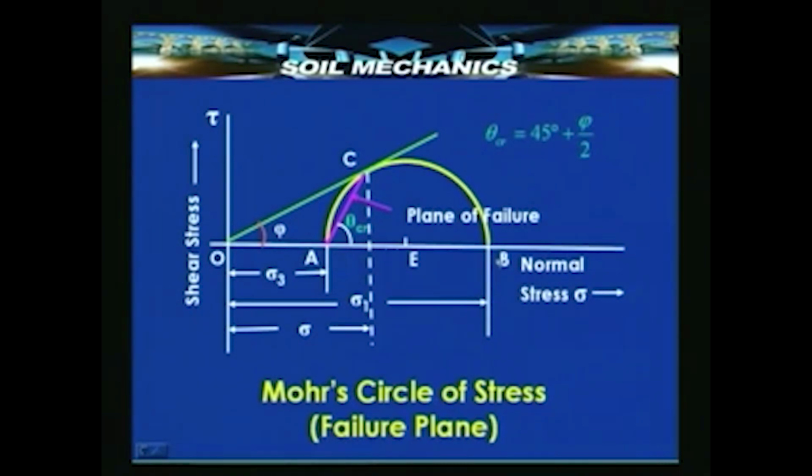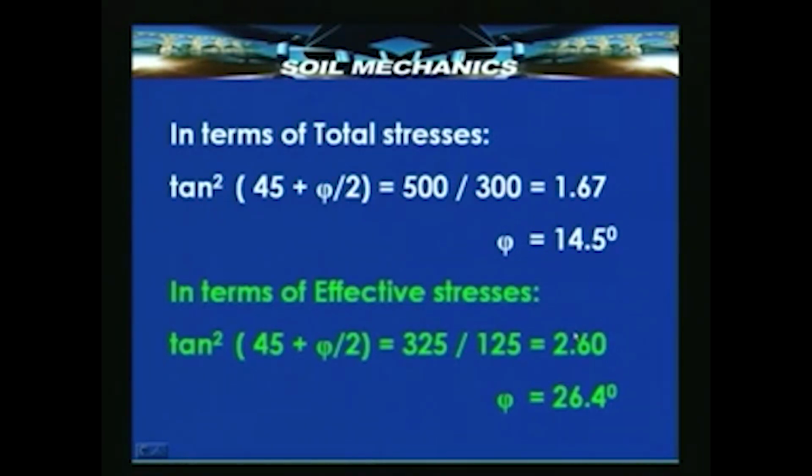Here we have the points corresponding to the major principal stress and the minor principal stress, and this is the failure plane at an angle of theta critical. Now, in terms of total stresses, we can say that tan square (45 plus phi by 2) is equal to 500 by 300. Why 500 by 300?